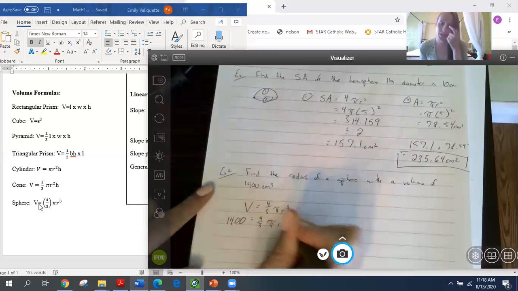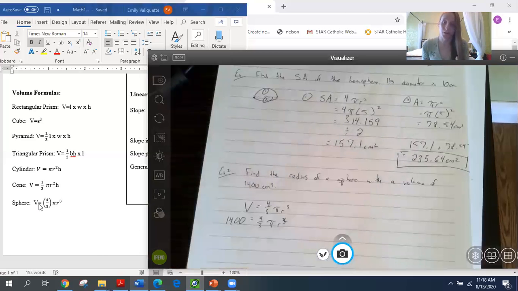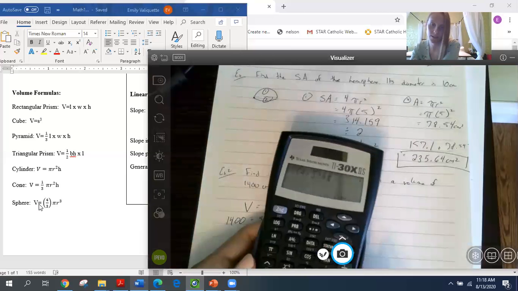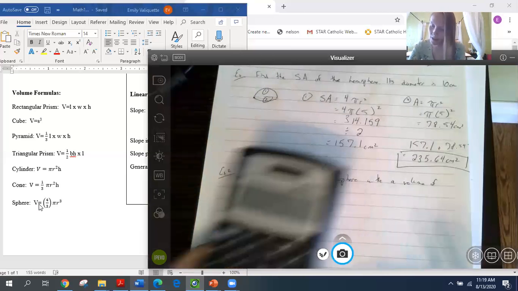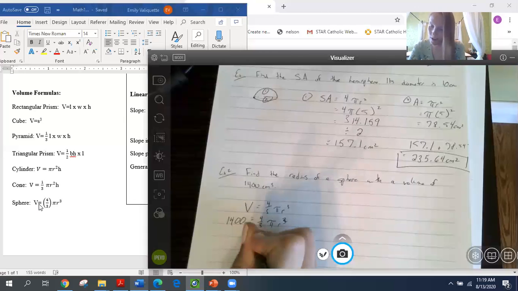And now we're just slowly going to start isolating our r value. So the first thing I'm going to do is multiply 4/3 times pi. So 4 divided by 3 in brackets times pi. And that is 4.189-ish.